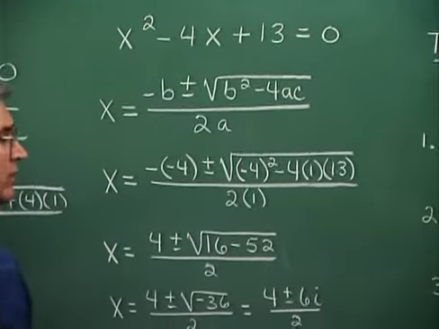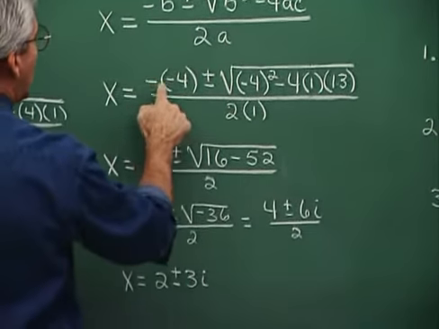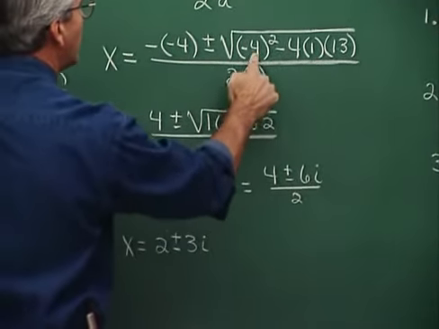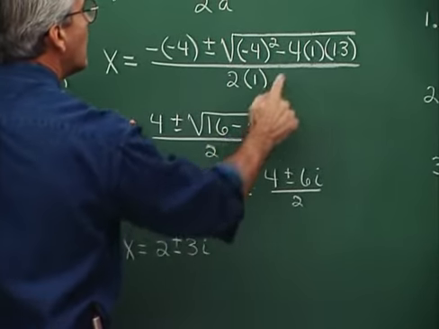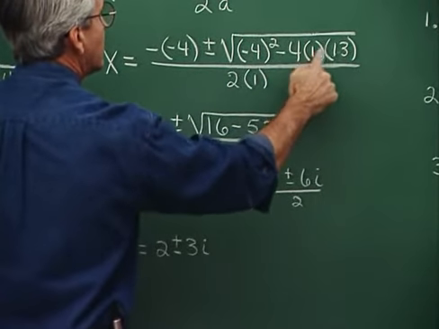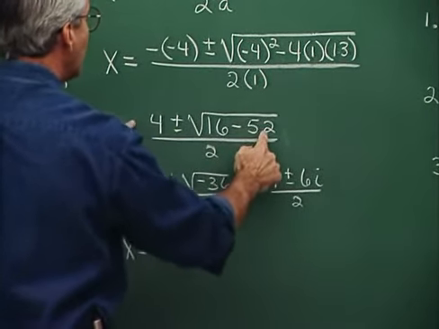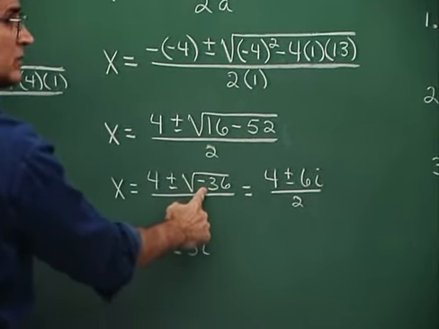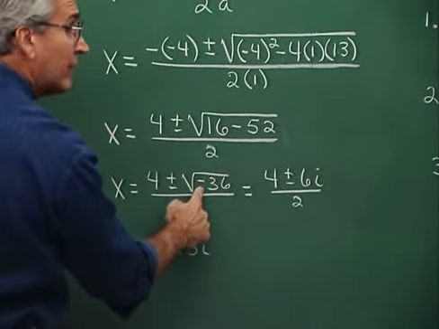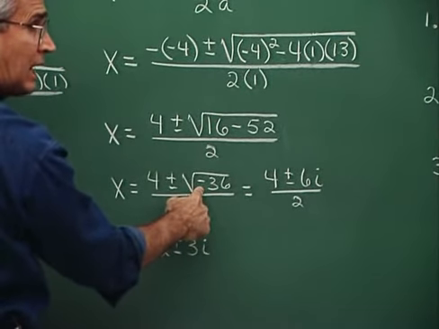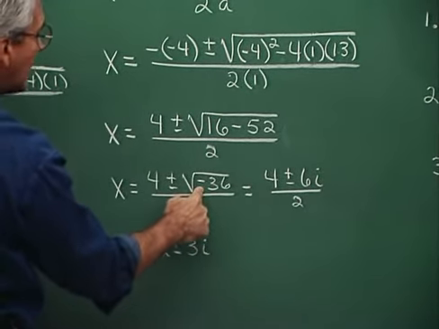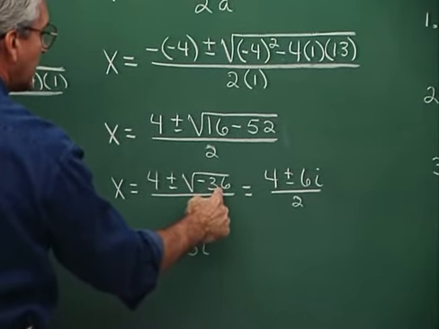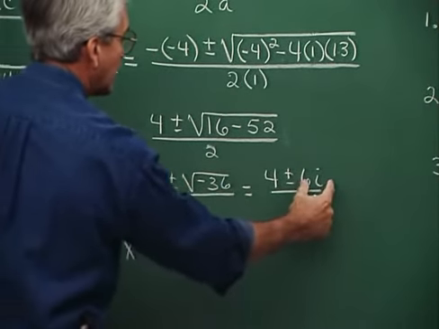All right, now we go through and perform operations. The opposite of negative 4 is 4. Negative 4 all squared is 16. 4 times 13 is 52, so this is minus 52. And under the radical, 16 minus 52 is negative 36. The negative under the radical tells us that we're going to have an i form, an imaginary value, and the square root of the 36 is 6. So this part is the 6i.